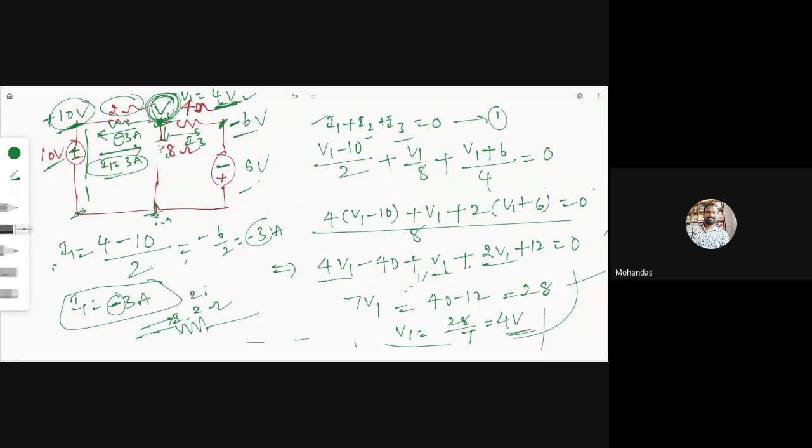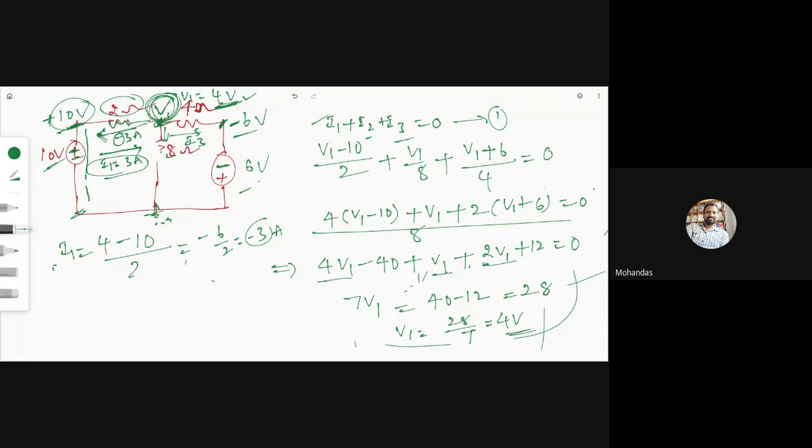If I is 2 amperes in this direction, the same current represented in this direction will be minus 2 amperes, where minus indicates only a direction of the current. So we have to observe that point very clearly. The magnitude is the same but you have to change the minus sign.